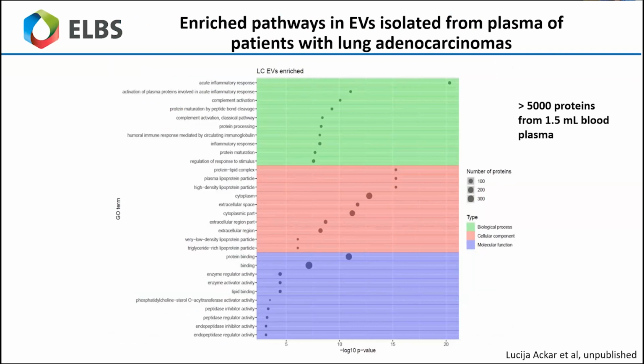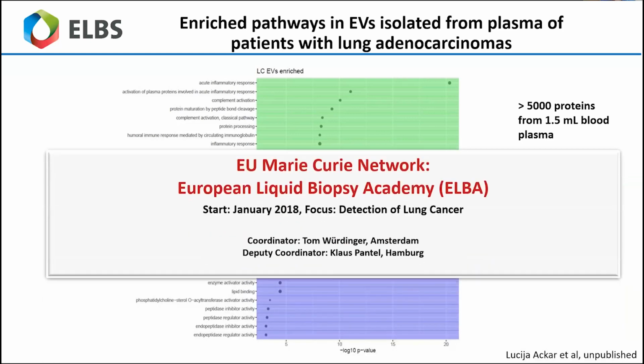However, this is also a field where harmonization of technologies is extremely important to obtain reproducible results and make any implementation in the future in clinical decision making. But I think that the groups are on their way to do that. And we have been participating in a Marie Curie network, which was also coordinated by Tom Würdinger of Amsterdam.